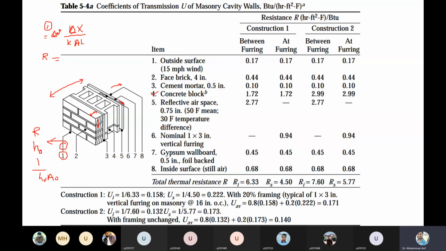If you calculate the thermal resistance of the block by the computation method, first of all, you have to divide it into layers. There are three parallel resistances, right? These three parallel resistances are because of the air gap. And similarly, these three parallel resistances are in series with, let's say, this thickness and this thickness.